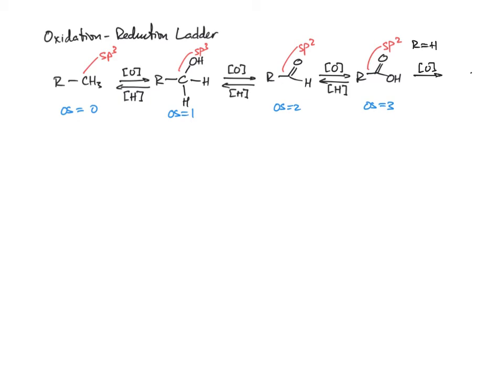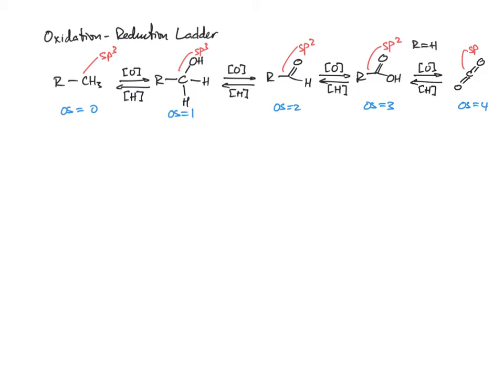And basically that would get you carbon dioxide. So notice now we've changed the hybridization. It's now sp hybridized. We're at 1, 2, 3, 4, oxidation state 4. And really that's a special case where R is equal to H. So sp hybridized. This could be reduced.